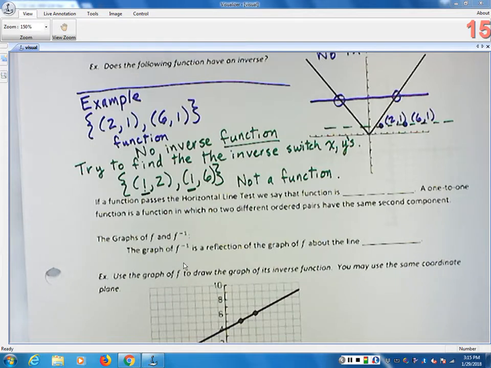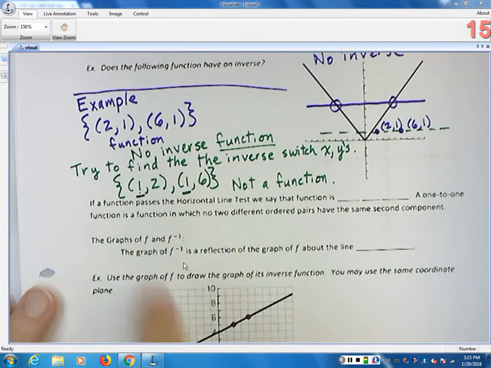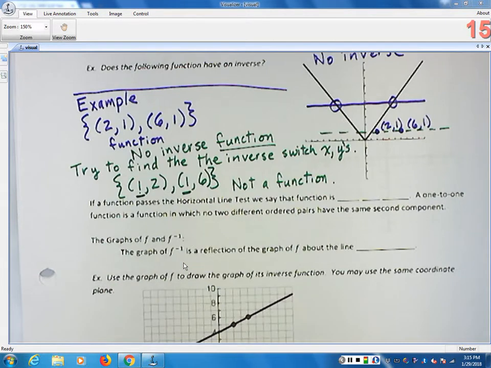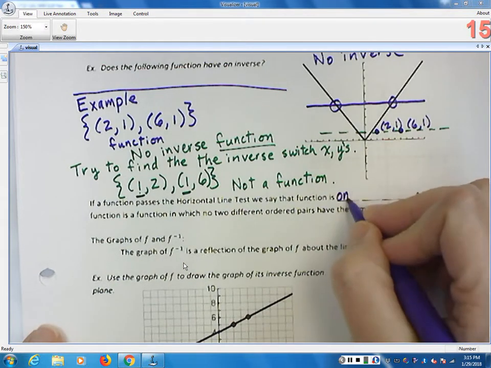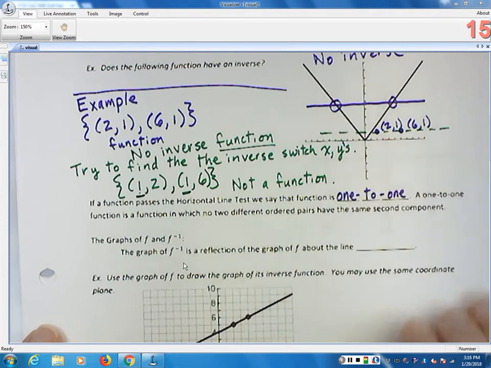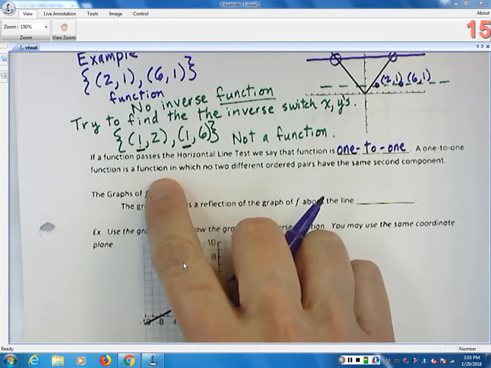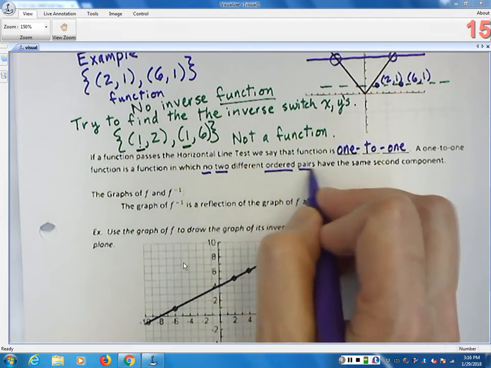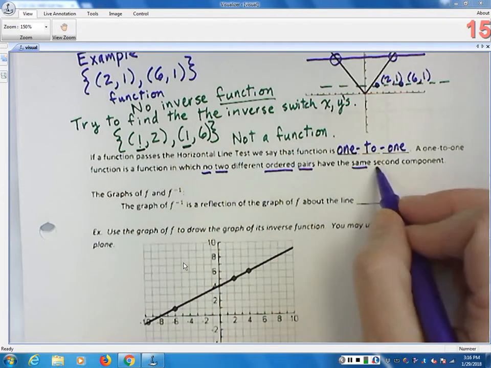All right, so if a function passes the horizontal line test, we say the function is one-to-one. A one-to-one function is a function in which no two different ordered pairs have the same second component.